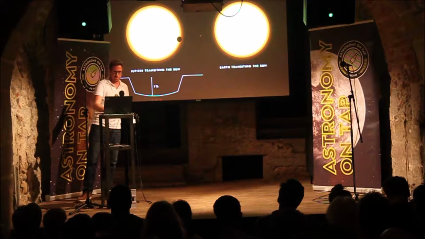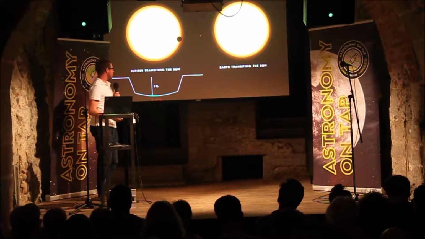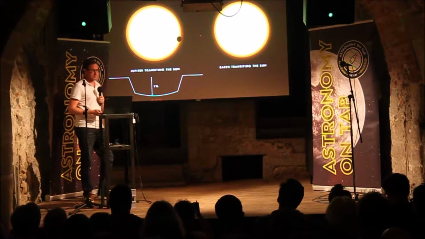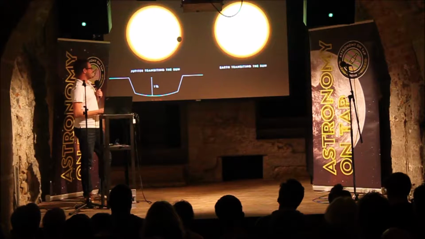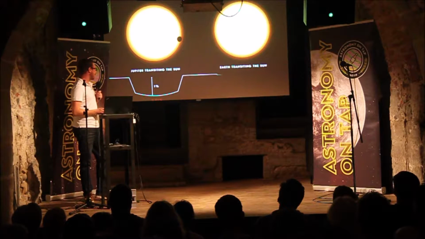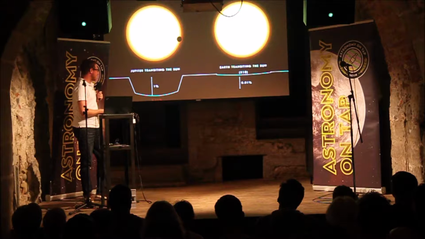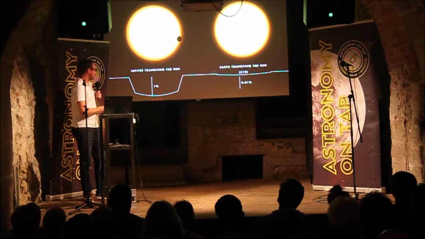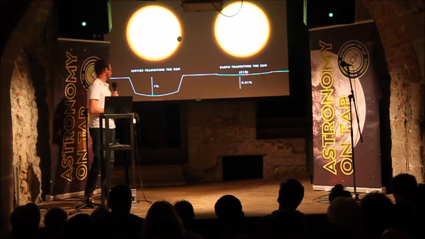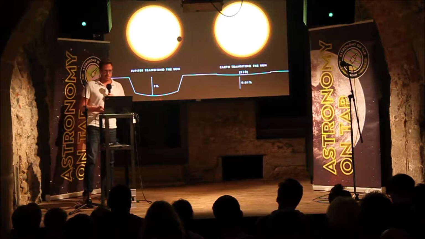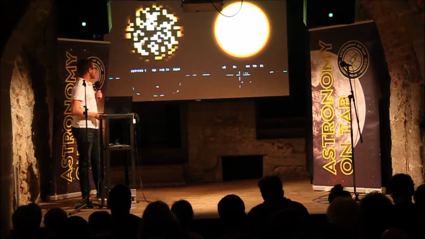But if we want to observe something like the Earth in front of our Sun, it would look like this. It's very tiny, and this is actually magnified by 10 times, so it's only 0.001% of the brightness of the Sun.